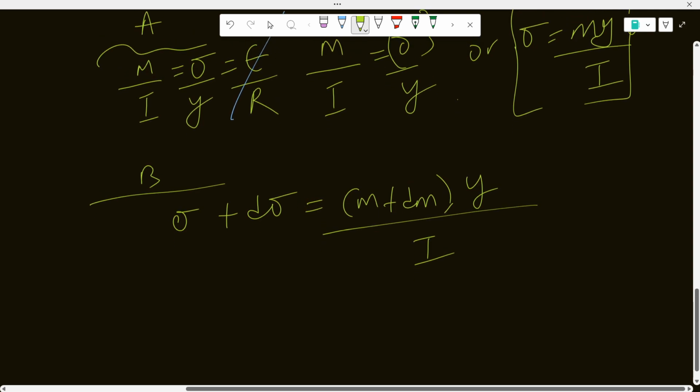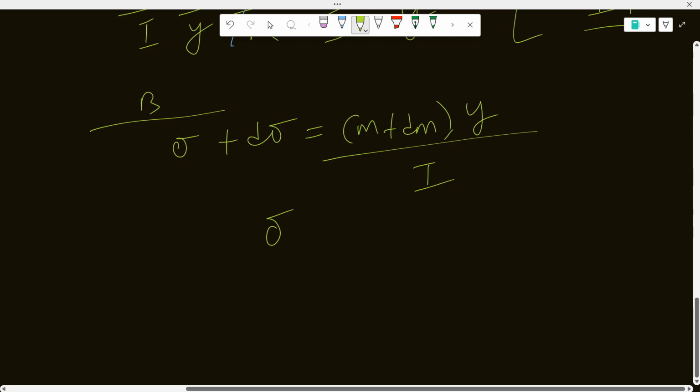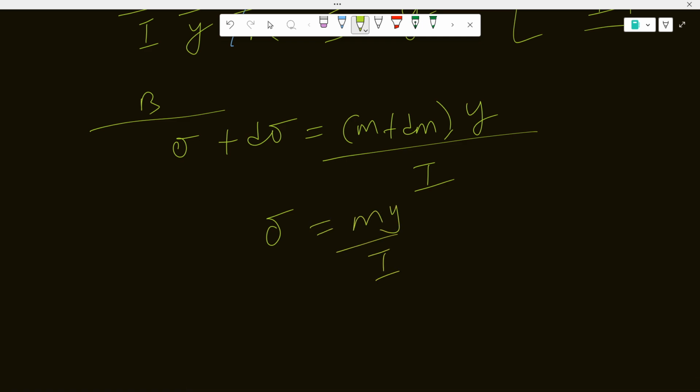It's just the same thing, but you know the formula was sigma equals My over I. Because of the variation, it's now sigma plus d sigma equals M plus dM. It's just variation.